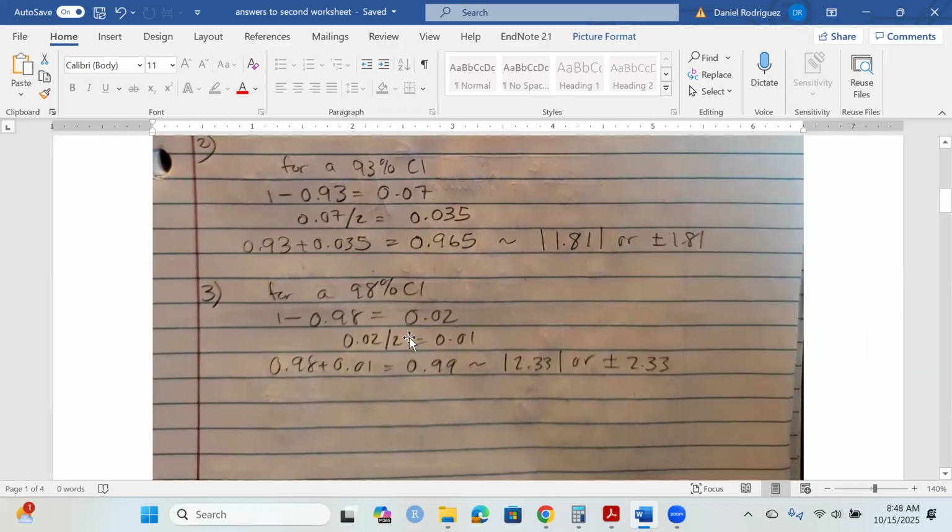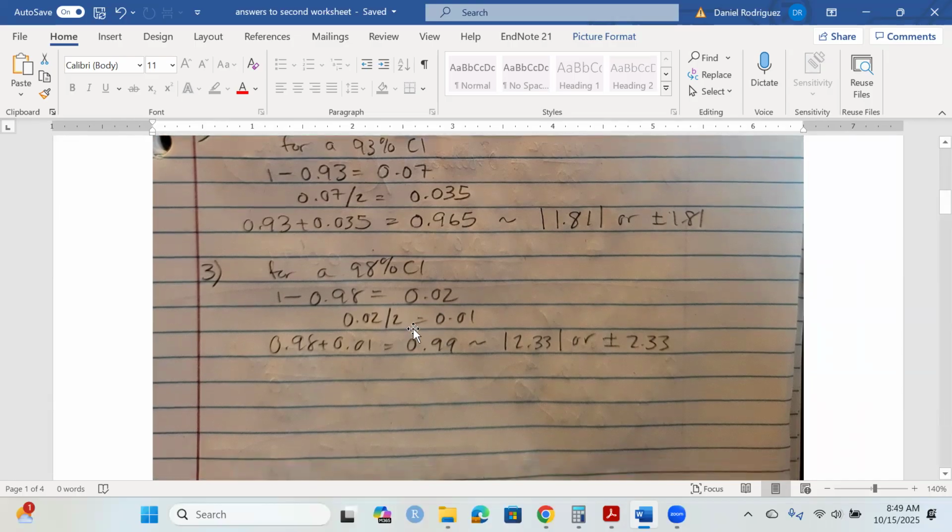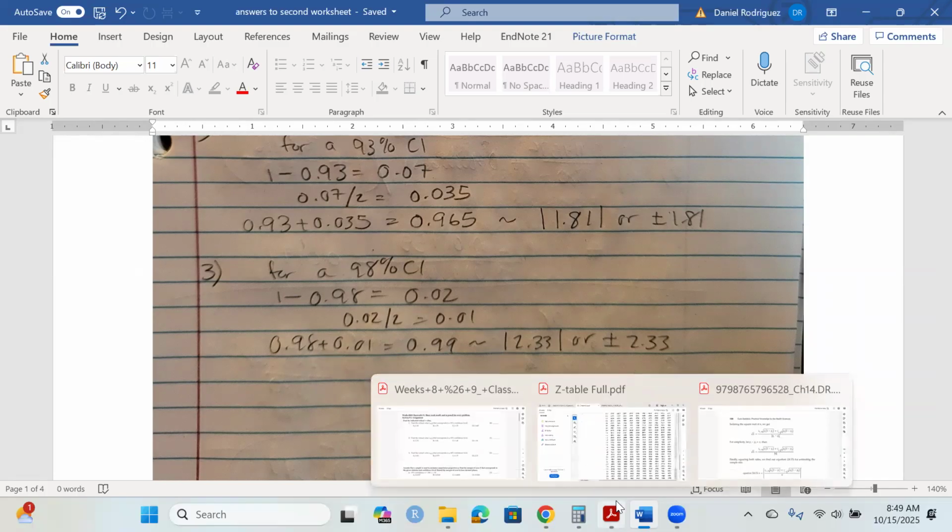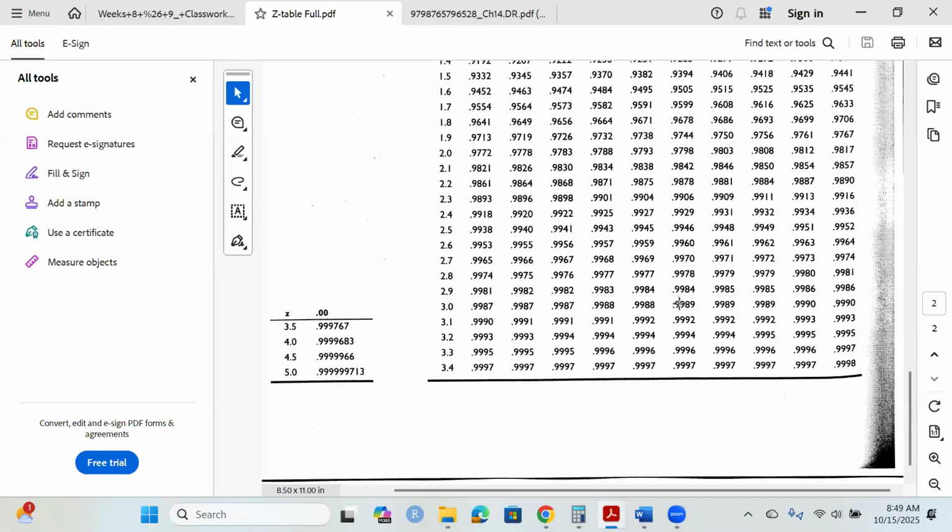For the third one, the 98% confidence interval. So this gets easier as you go on, right? If this were an exam, you'd hope you get a lot of these because it gets easier and easier. So it's 1 minus 0.98 equals 0.02. Divide that by 2, you get 0.01. 0.98 plus 0.01 is 0.99. Again, we look for 0.99 in that table.